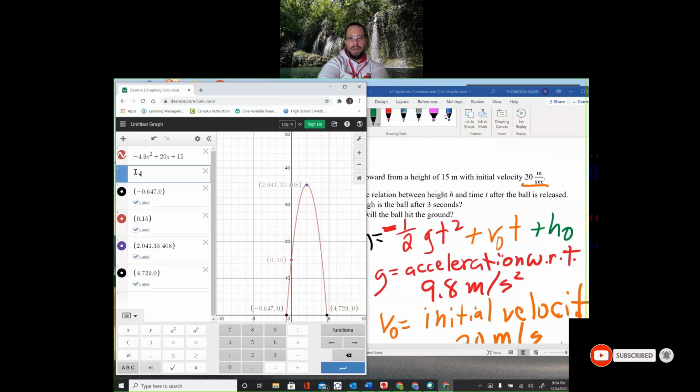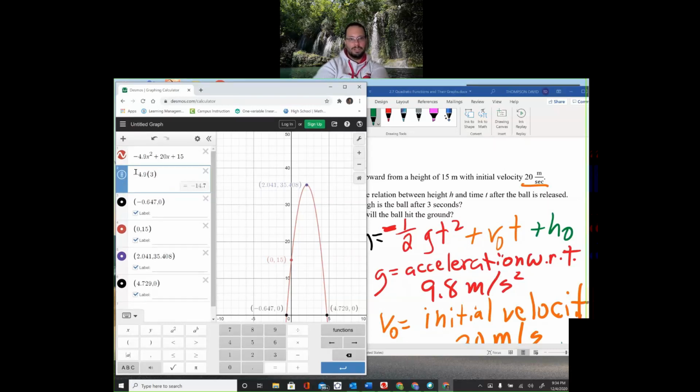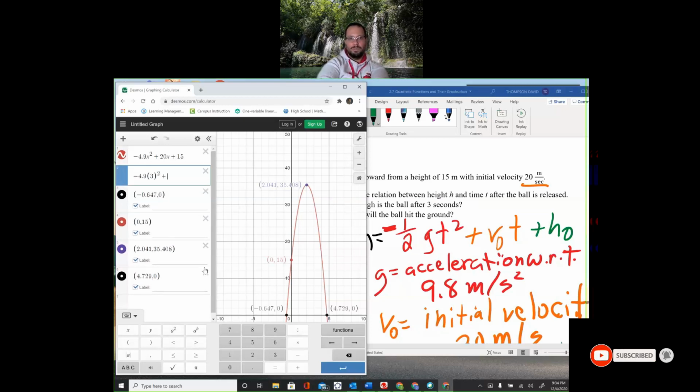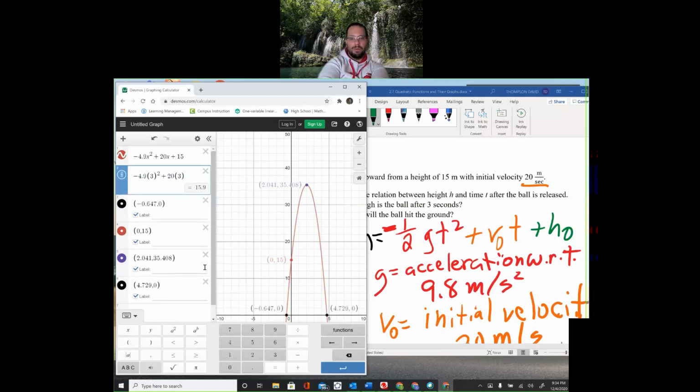We're using parentheses to plug in the 3. Then 20, parentheses 3 to indicate multiplication, plus 15. And after 3 seconds, it looks like we're at 30.9 meters. So let's answer part B.